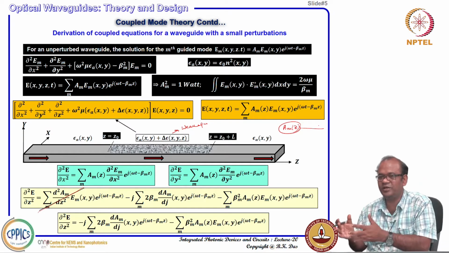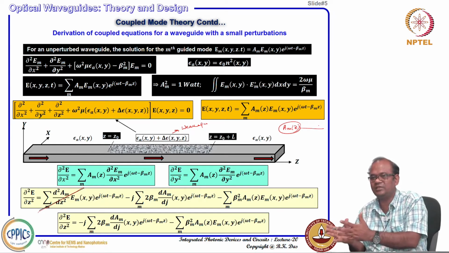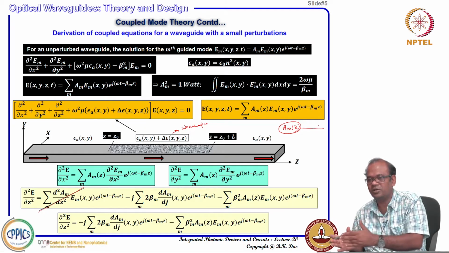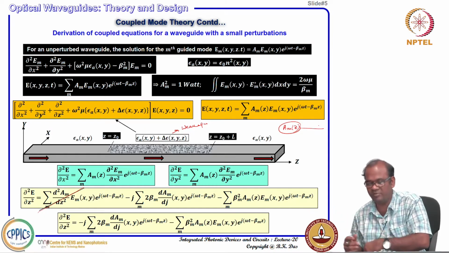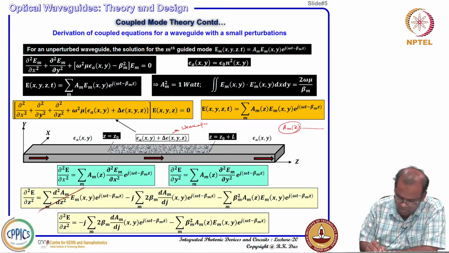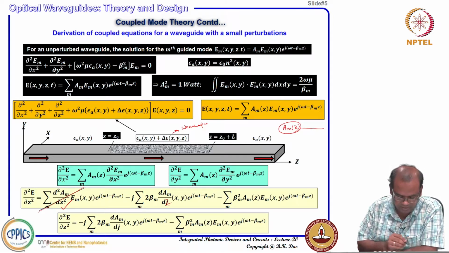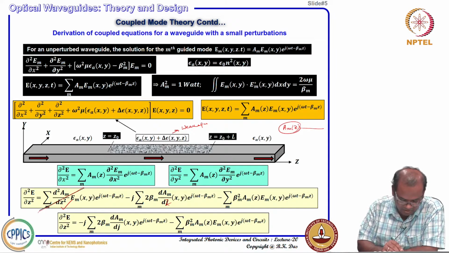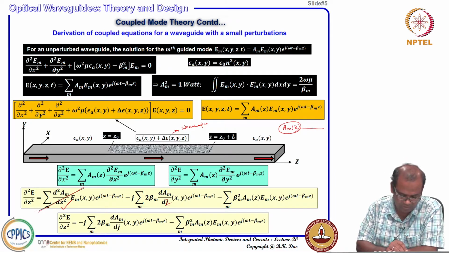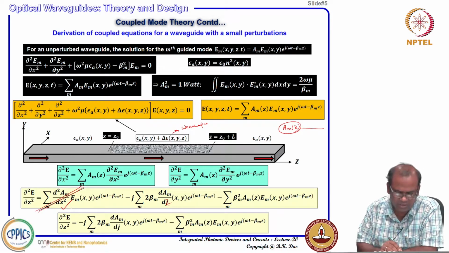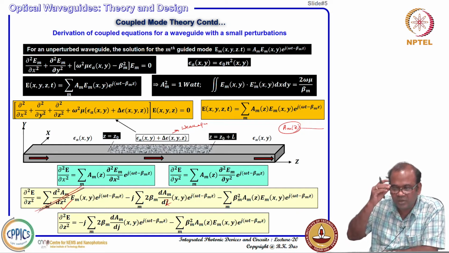So the perturbation is very small, so if any energy exchange is happening, that is a slow process, a slowly varying thing as a function of z. So in this term you have dA_m dz as well as this one, right. In that case the second order derivative with respect to this one I can just ignore. This is the approximation we made, that the second order variation can be ignored.